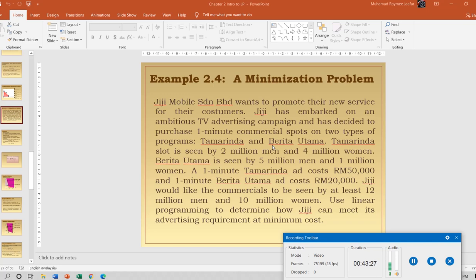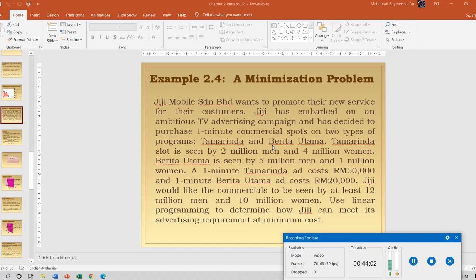Tapi sekarang ni kita punya problem is to minimize the cost. And the cost comes from maksudnya the company needs to pay to the TV station, yang mana dia pilih untuk keluarkan dia punya iklan ataupun advertisement during the two slots, Tamarinda and berita utama.